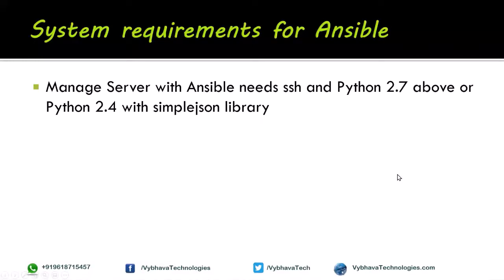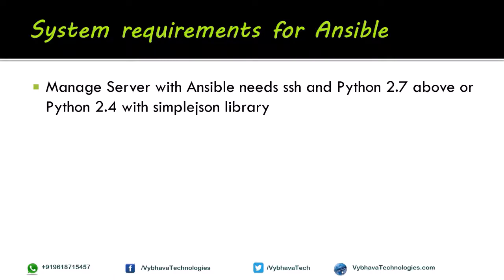So what is the system requirement to work on Ansible? The first thing, if you want to manage machines with Ansible, you should have the SSH protocol. Open SSH will be automatically available in every Linux system. If you're working on Windows, you have to double check whether it exists or not.